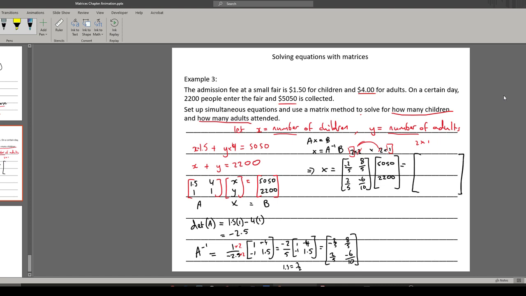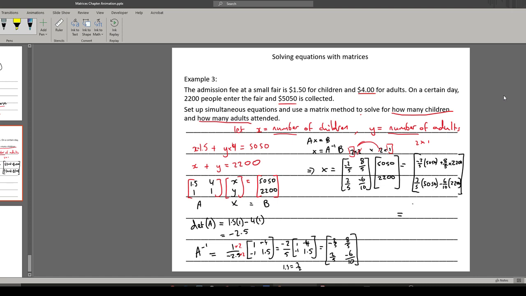But I'm going to draw it nice and big to give me some space for the multiplication. So my first element is going to be the first row times the first column, negative 2 on 5 times 1050 plus 8 on 5 times 1200, and then my second element down here will be the second row times the first column, 2 on 5 times 1050 minus 10 by 1200.